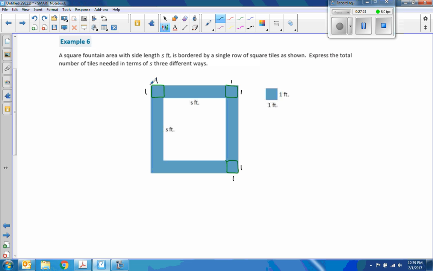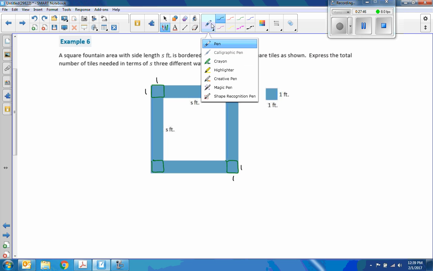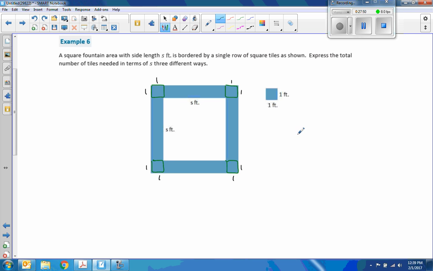That's 1. That's 1. And the last one. So what I'm really accounting for here is the area that's taken up by corners. That's not represented by the painting or whatever's inside. Okay, so there, I've done the corners.